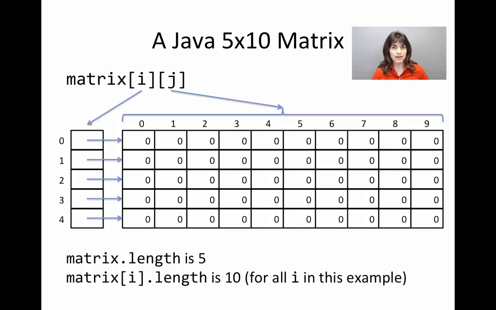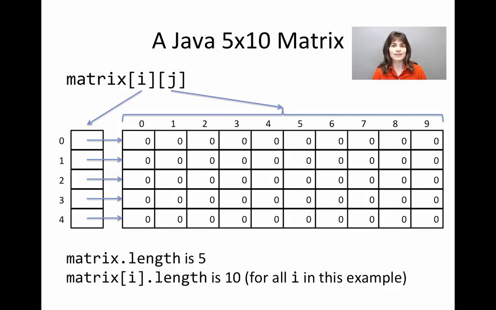Each of those elements, matrix of I, is a reference to an array of 10 elements. So matrix.length will return 5, while matrix of I.length will return 10 in this particular example.